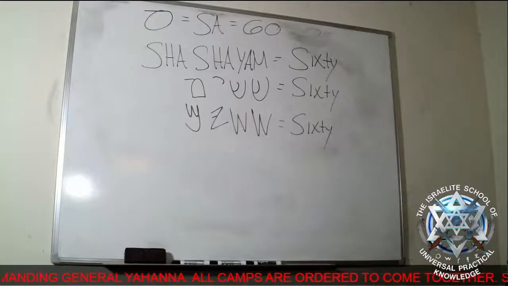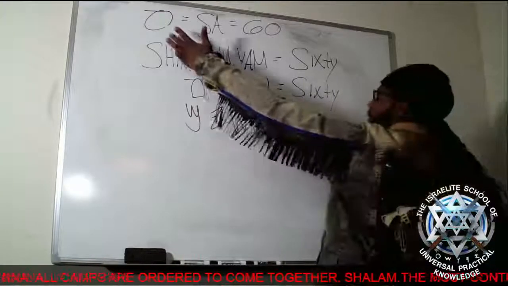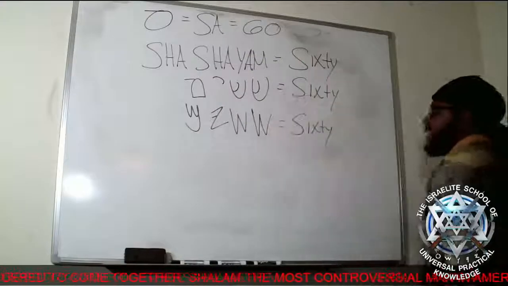That's your letter Sa. This is what your Sa looks like. This is how it's pronounced, Sa, which is the number 60.